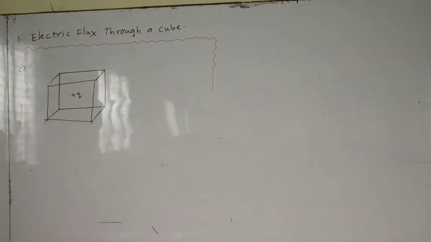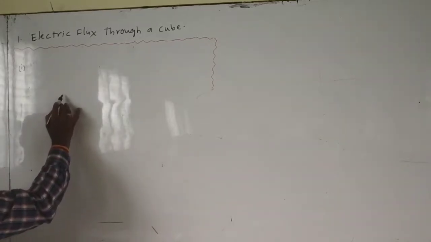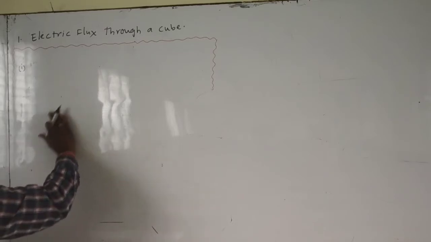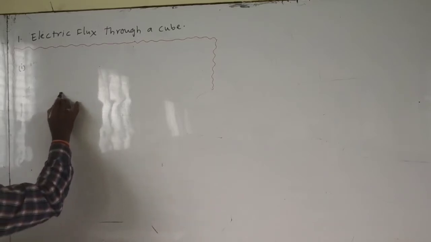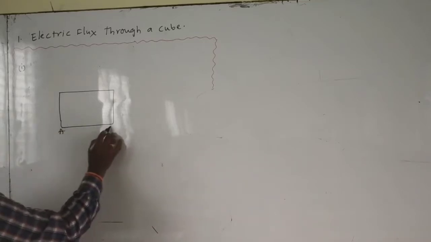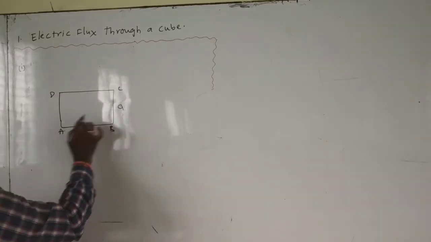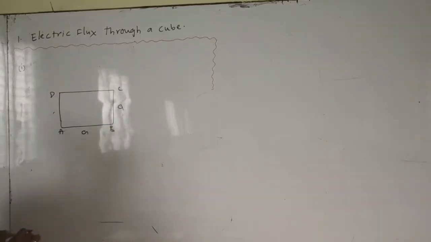Actually, suppose this is the square surface. This area A, B, C, D, and its side is a.